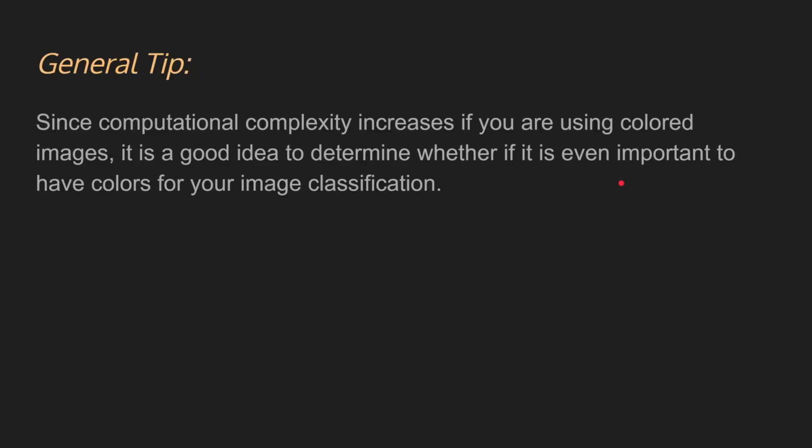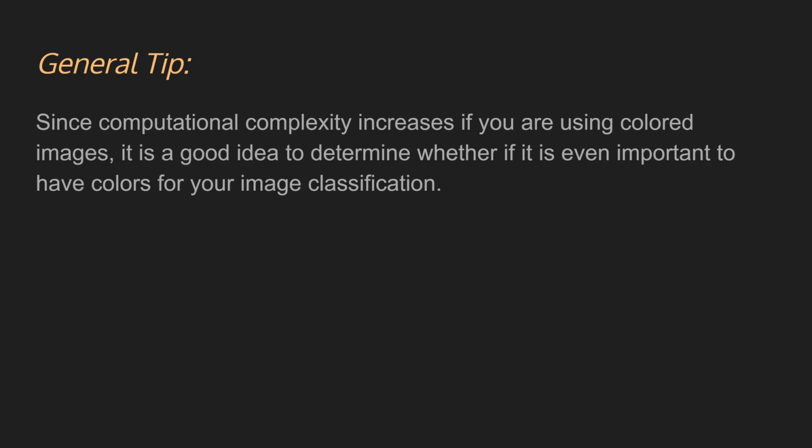So a general tip is to determine whether it is even important to have colors for your image classification, right? If you're classifying certain images, the colors might be important. But in other cases, like classifying digits, it doesn't really matter whether the digit is written using a green pen or a red pen.